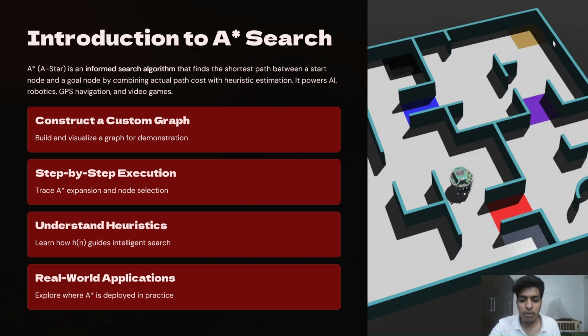Before we solve the problem, let us understand what A-star search is and why we need A-star search. Many search algorithms explore too many unnecessary paths.